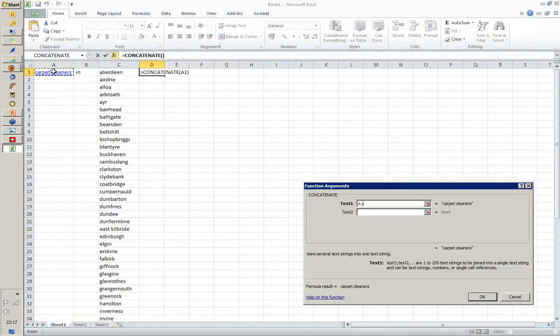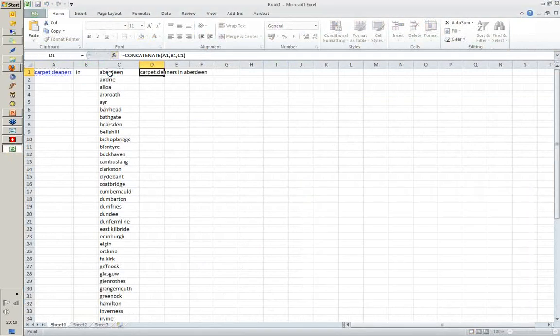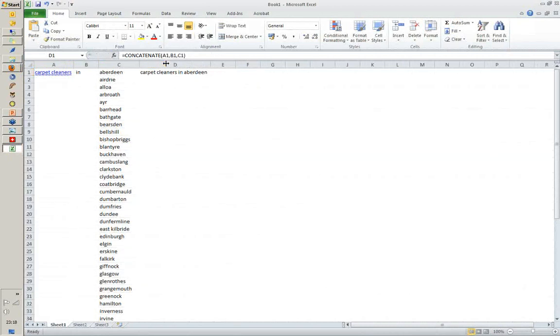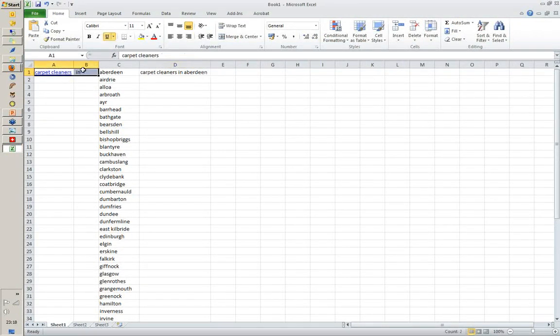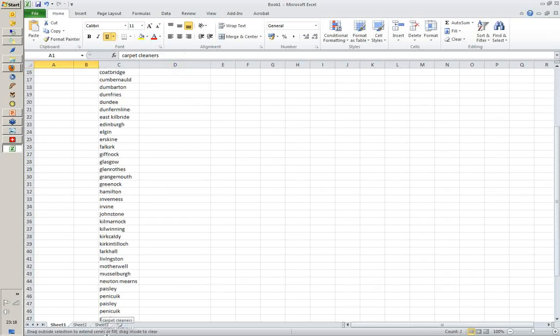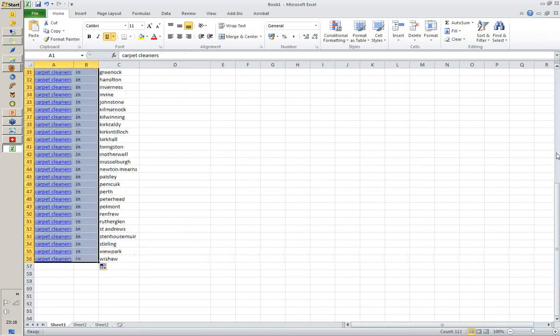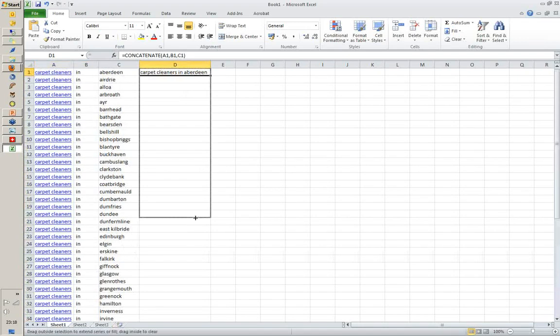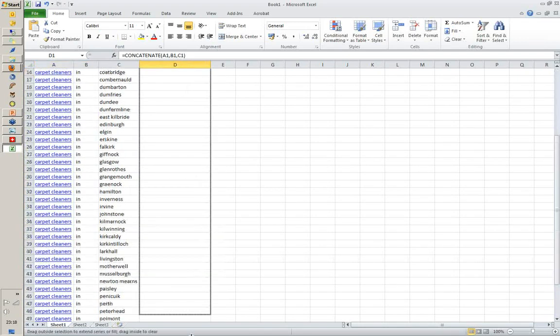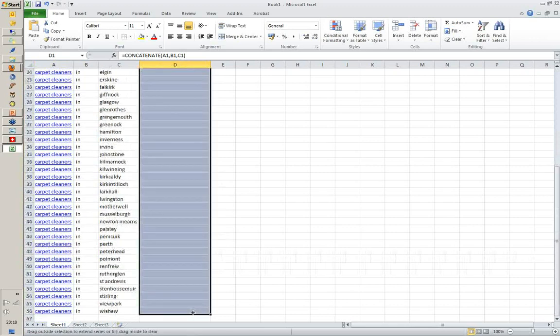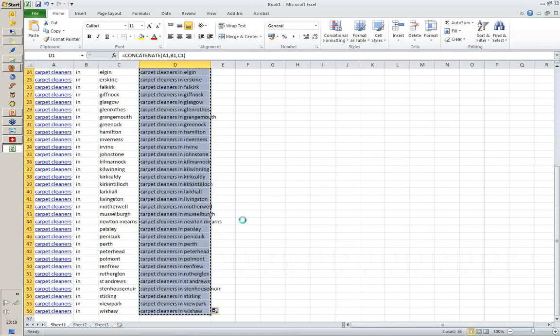When you use that, guys, you just hold your control key down, and it allows you to rapidly map out stuff with geo modifiers on them. So when I copy this one down here now, that gives me all my geo-modified keywords.